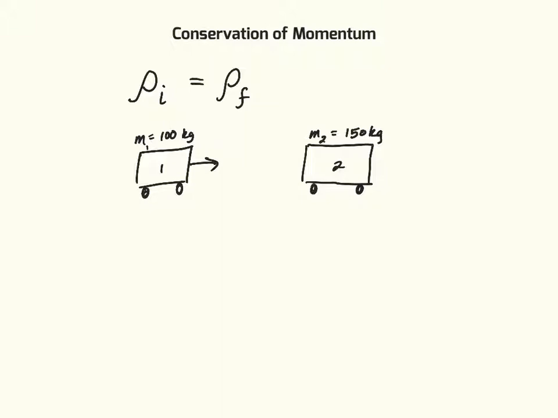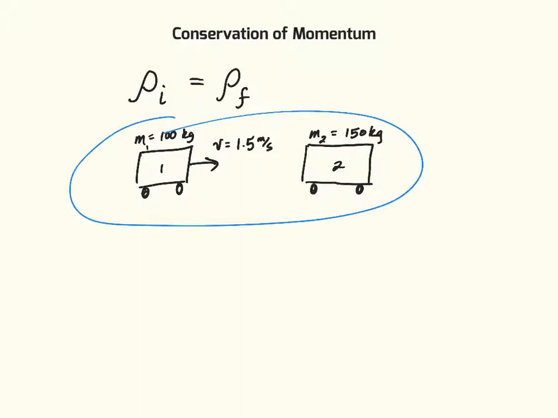Car 1 has an initial velocity of 1.5 meters per second, and car 2 is at rest. We have to look at both objects when we're utilizing conservation of momentum. Knowing that car 2 is at rest, the only object in this system, our two-car system, that has momentum initially is car 1.